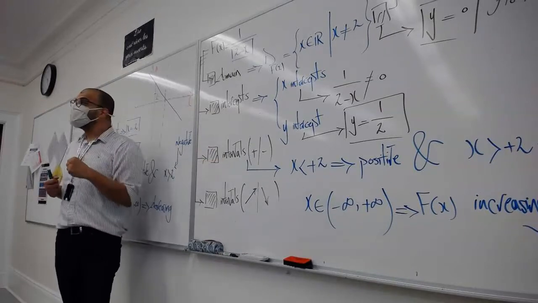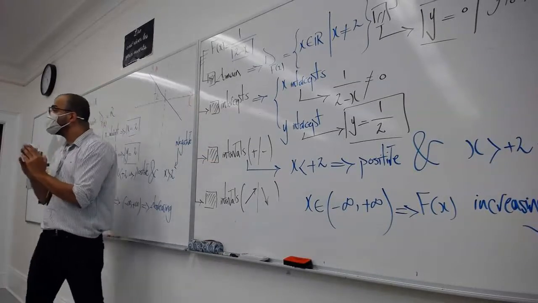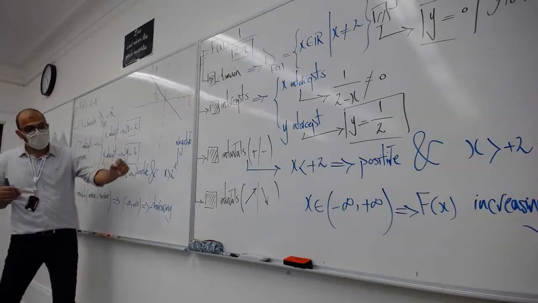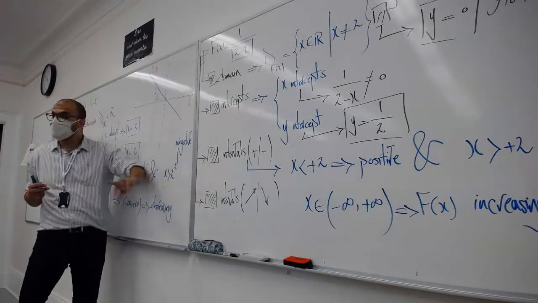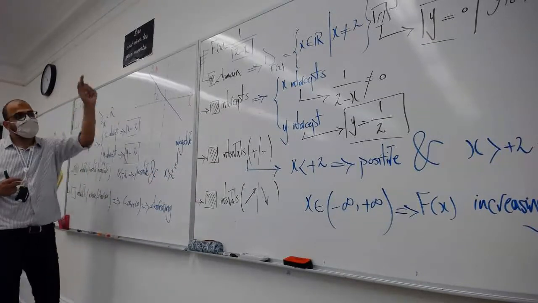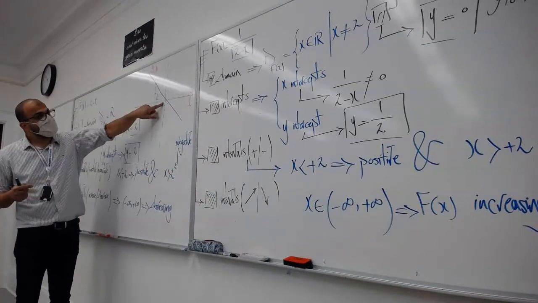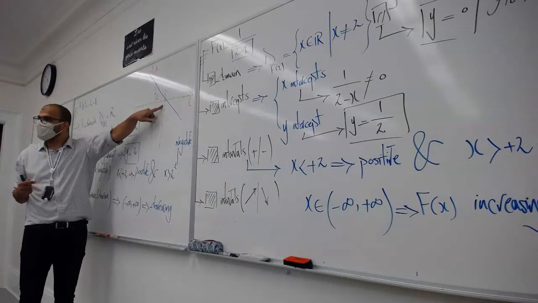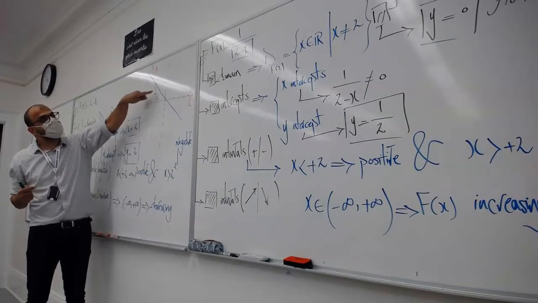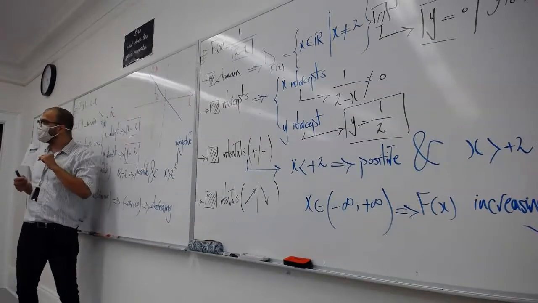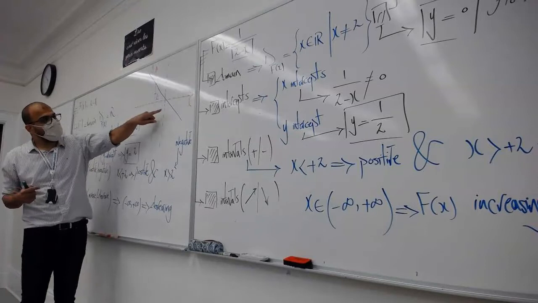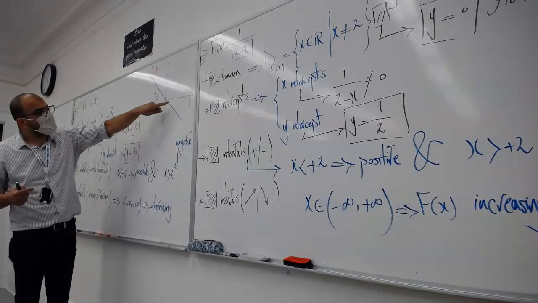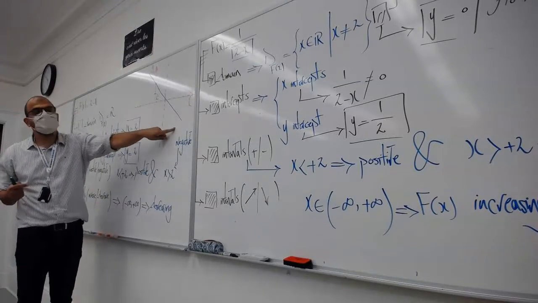I look at the intervals where the function is positive or negative, and also the intervals where the function is increasing or decreasing. I know that before x equals 2, the blue function was decreasing, and after 2, the blue function was also decreasing.